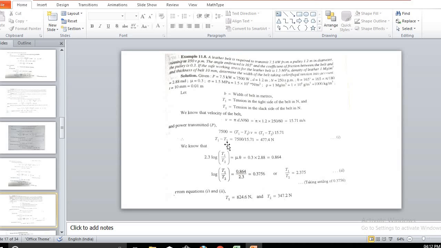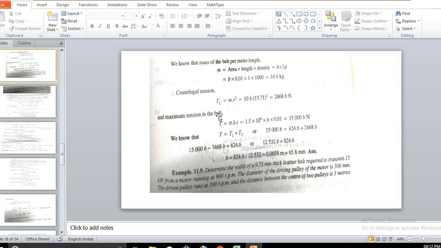After simplification we can find T1 and T2, and from these find the maximum value. This is nothing but the maximum tension value that we can put in the formula T is equal to sigma Bt. And now here the centrifugal tension Tc is considered.